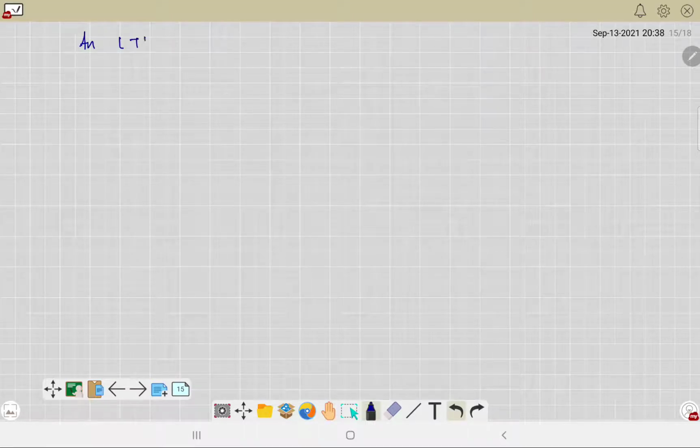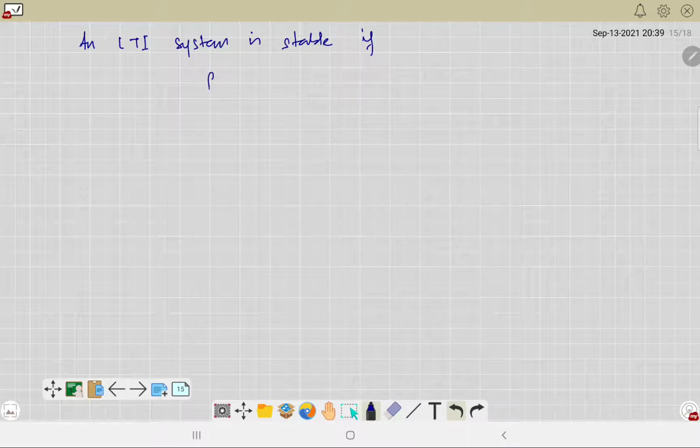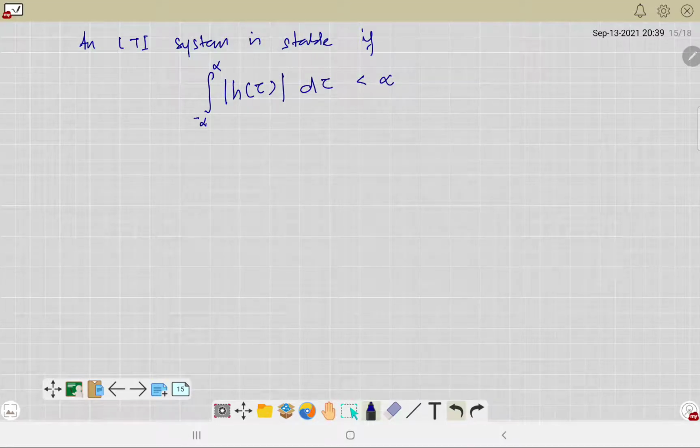an LTI system is stable if, first we'll see mathematically, the integral from minus infinity to plus infinity of the magnitude of your impulse response is less than infinity.